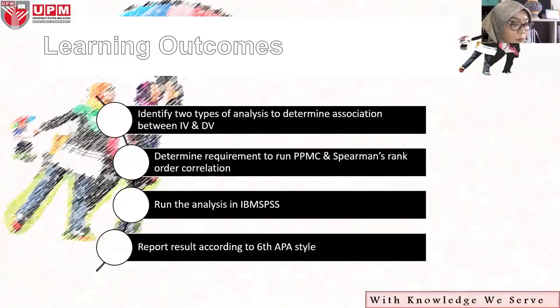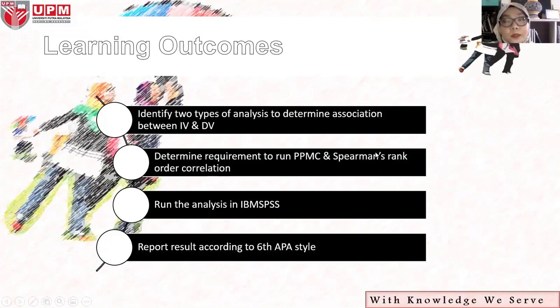So this is the LO, the learning outcome. At the end of the session, students should be able to identify two types of analysis to determine the association between IV and DV, and to determine the requirements to run Pearson product moment correlation. There are two types of association analysis: Pearson product moment correlation and Spearman rho, or Spearman rank order correlation.